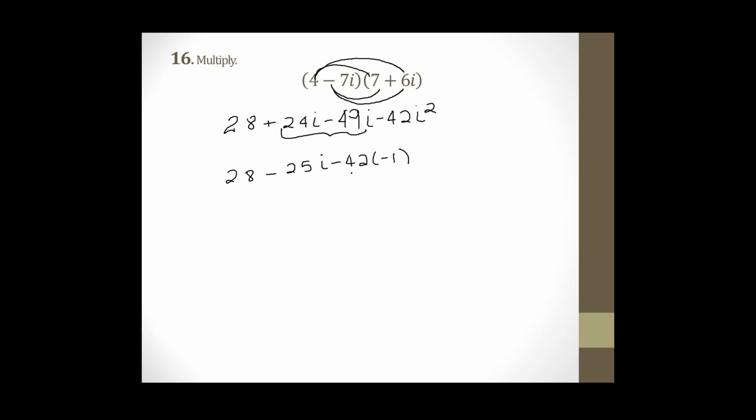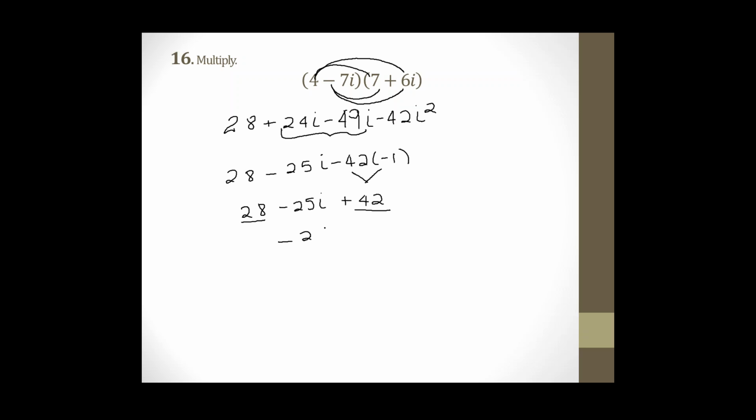Okay. I've got to do these two first. So I get that negative 42 times negative 1 is positive 42. I'm just going to copy everything else down, negative 25i. And my next step, like terms right over here, and 28 plus 42 is actually 70.